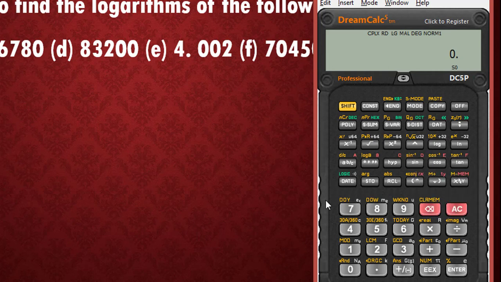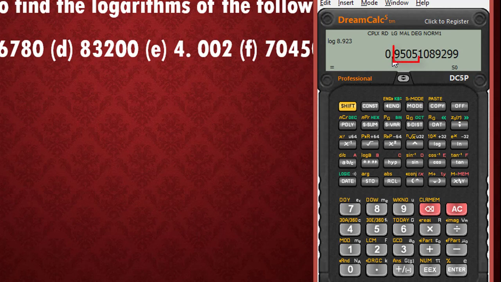This calculator I'm using here is built on prefix style. So you press log first and then press the number 8.923, and then press equals or enter, and you can see right there we have 0.9505.